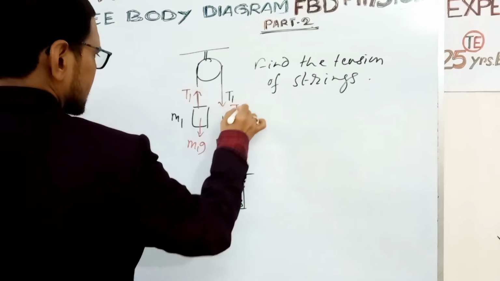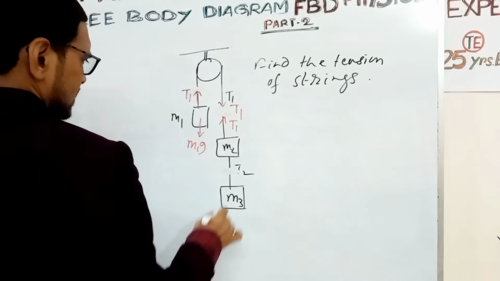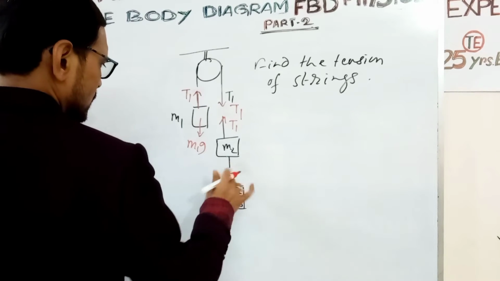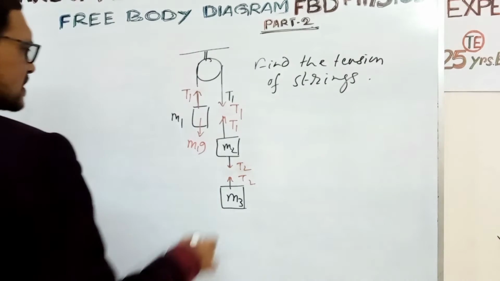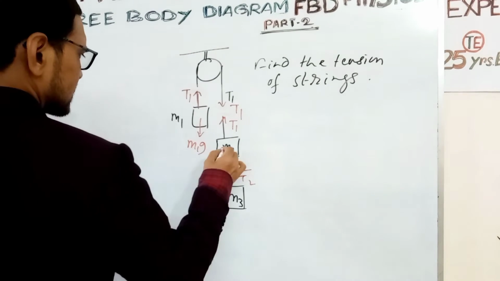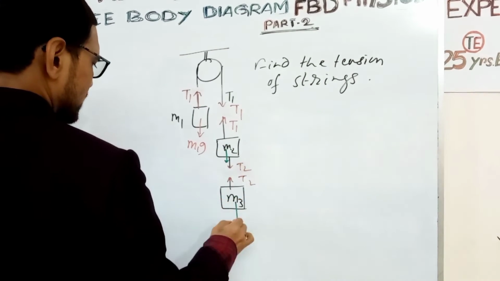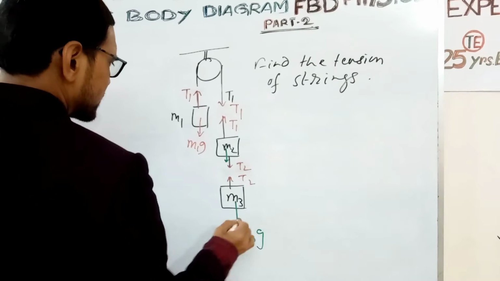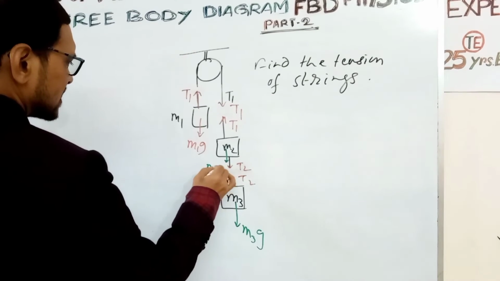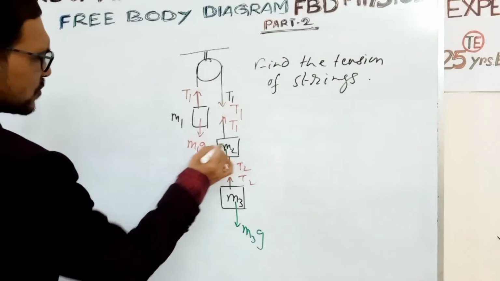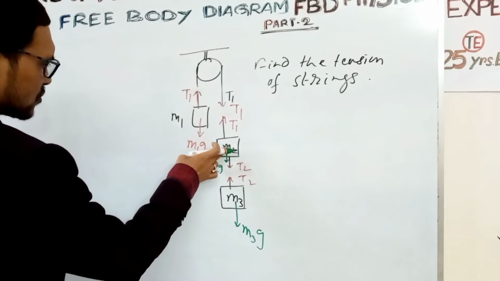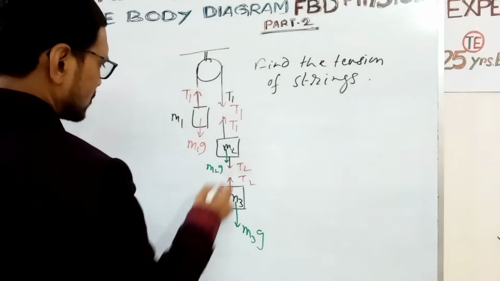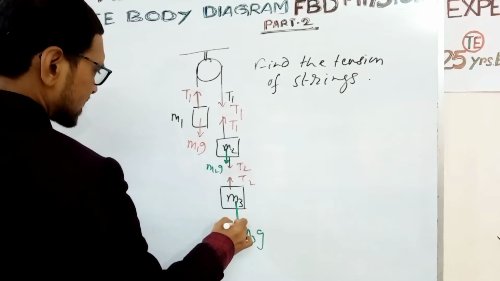This is T1, this is T1, and this is T2, this is T2, and here the mass M2g acts and here M3g acts. So this is M3g and this is M2g. That is, the weight of each block must act vertically downward through the center of its gravity. So M2g acts and M3g acts in this way.